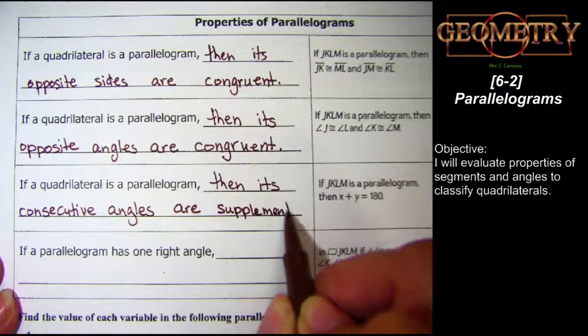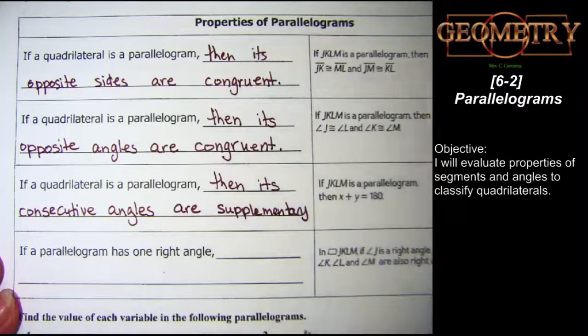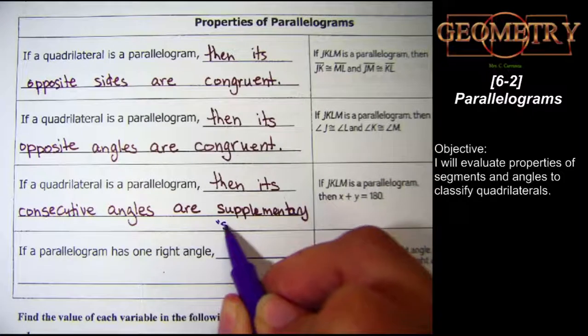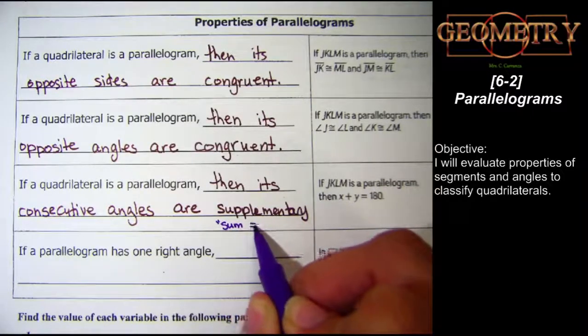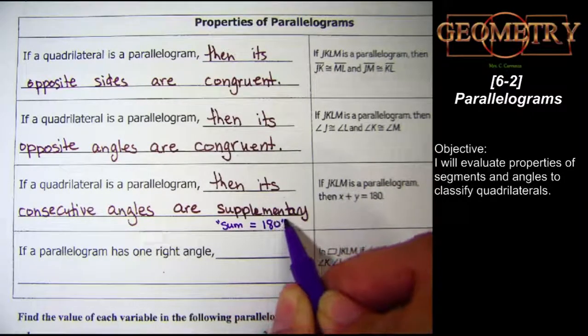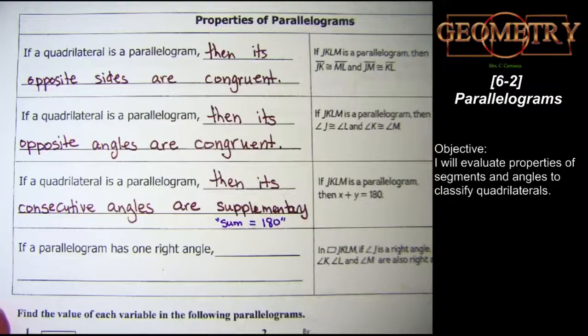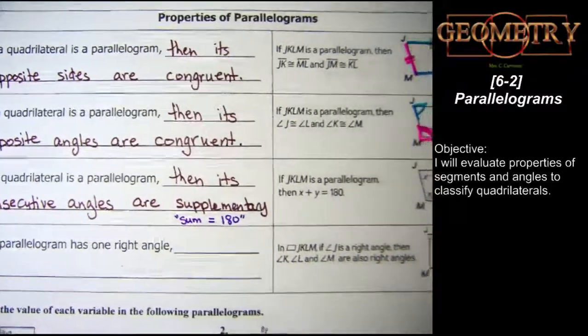What did supplementary mean? 180 degrees. Yep, they add up to 180 degrees, and so I'm going to write that here as a little reminder to ourselves that supplementary means sum equals 180. Remember that sum means we're going to add up a bunch of stuff. Okay, so let's scroll to the right to look at that diagram.